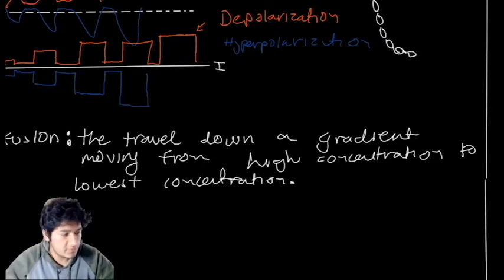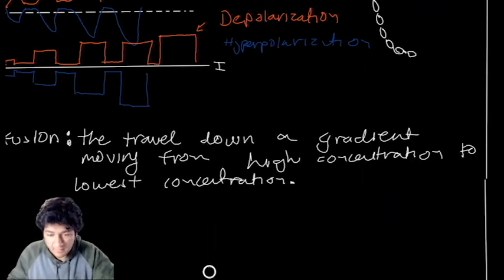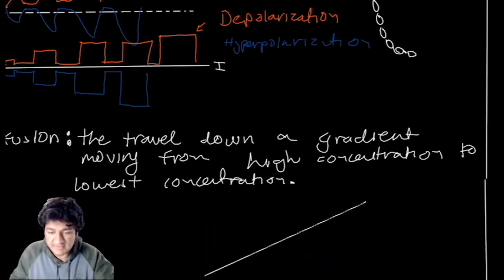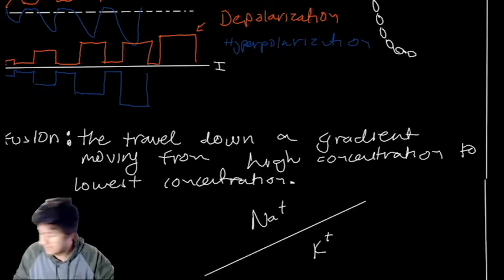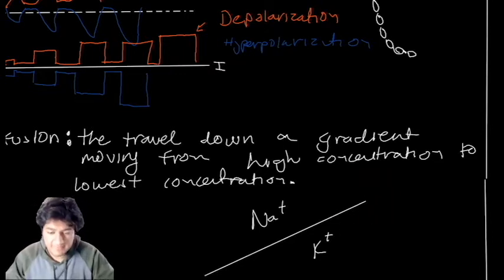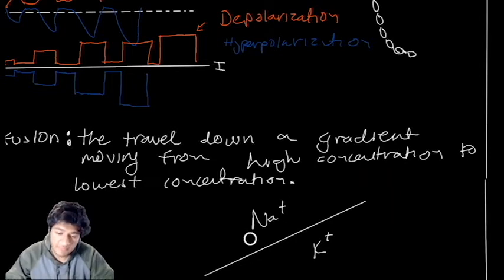Okay, so just trying to reintroduce this idea. We have the diffusion happening, and we should consider what's going on inside and outside of the cell. And for here, we're going to just consider two particles, potassium and sodium. So in this case, we have potassium being more permeable to the membrane than sodium, meaning it can more freely move across the membrane than sodium can.